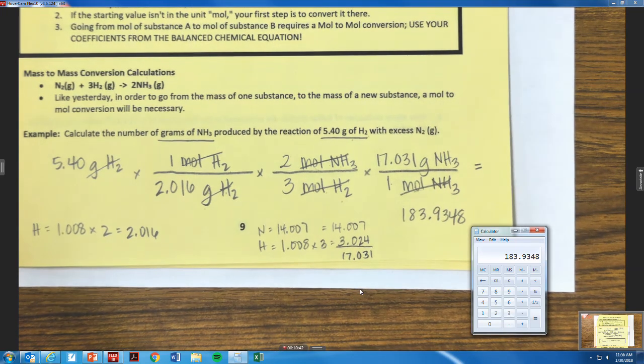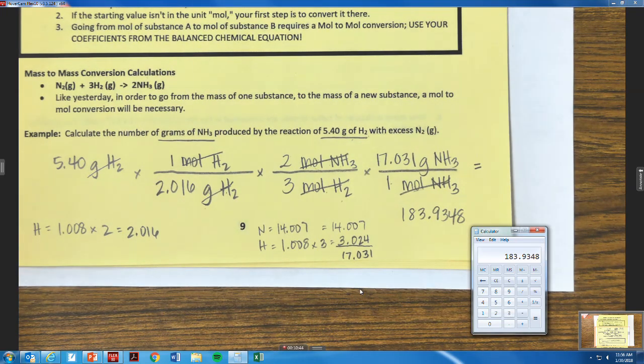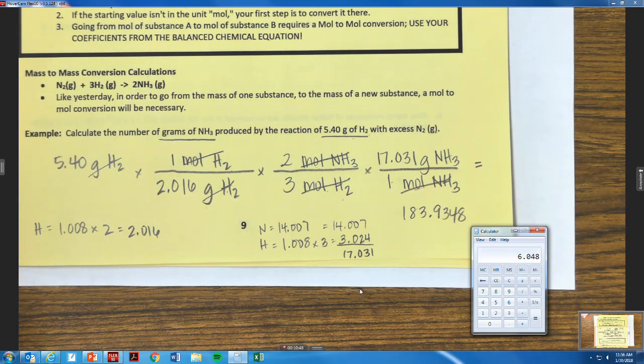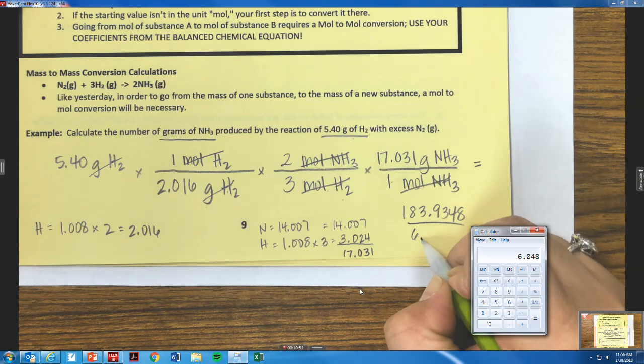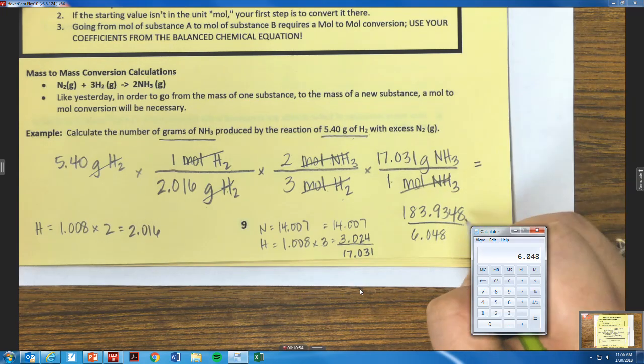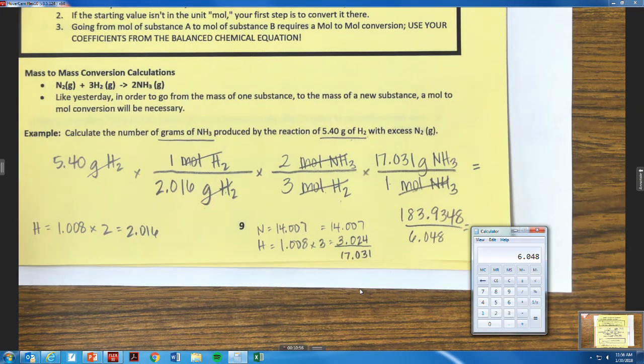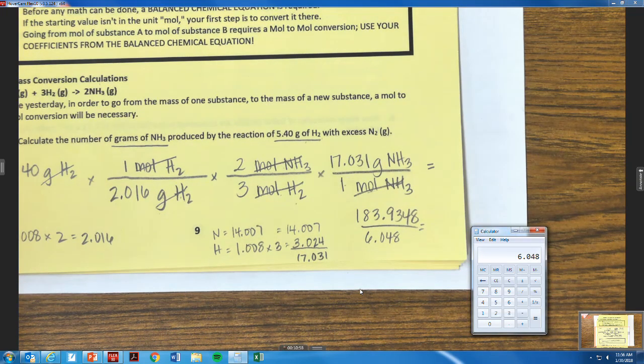Then all my numbers on the bottom, we have 2.016 times 3. So that's 6.048.